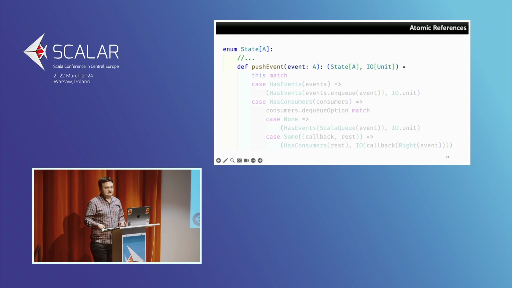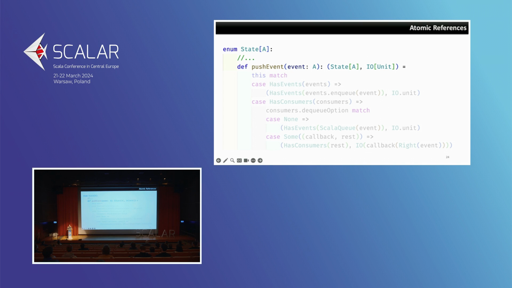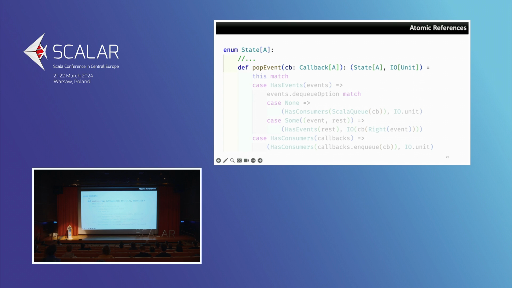The pure function, in this case, push event, takes an event and returns a state that either has the event in it, or it returns the IO that calls the callback directly on that event, suspended because the function has to be pure. The implementation doesn't matter. This is an exercise for the viewer. Now, the POP event, again, we receive a callback, we receive a new state, and a suspended side effect.